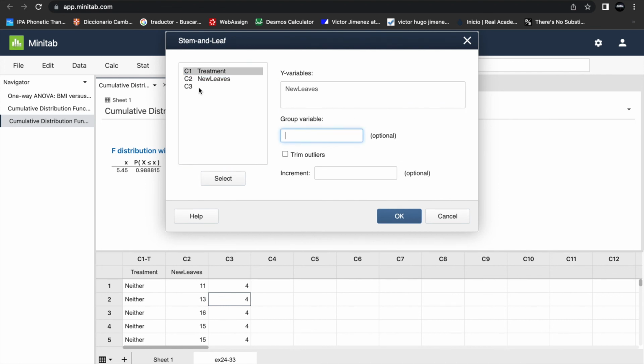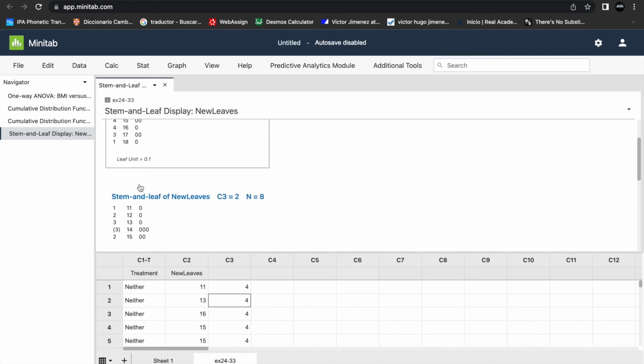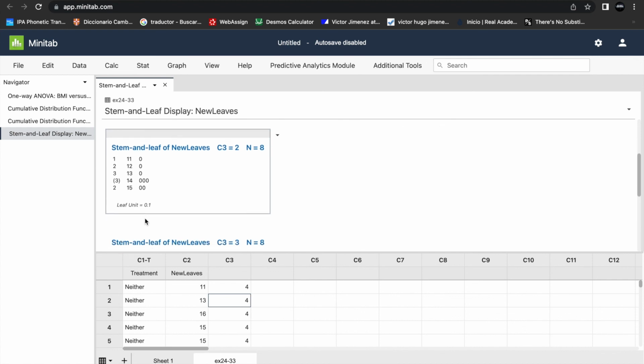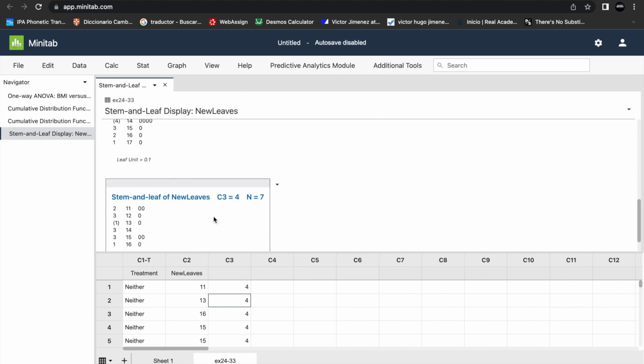The group variable should be column 3. And with that, we're going to have the 4 stem plots together. There you have the stem plots, for 2, for 3, and for 4, or neither.